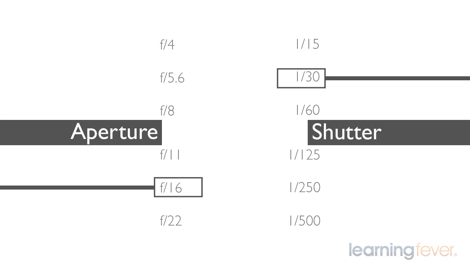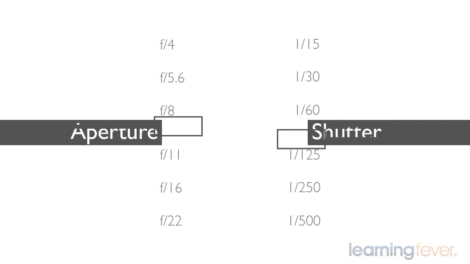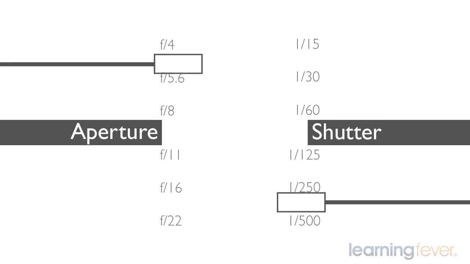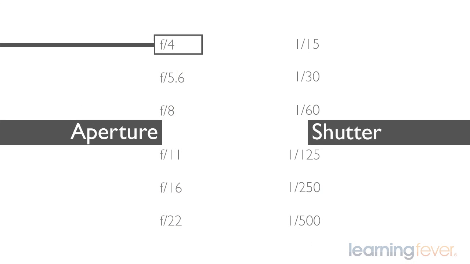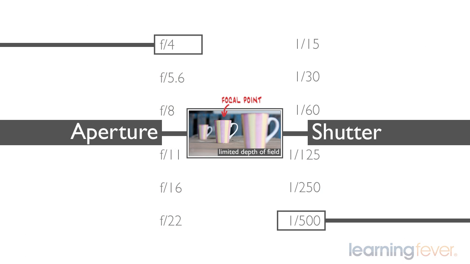This relationship works on a sliding scale, so if you were to take 6 photos of one object in the same lighting conditions, the first thing you would do is select your ISO to be appropriate. Next, you would start at, say, f4 and set the camera at 1/500th of a second. This would give you a limited depth of field, but if the object was moving quickly, you would get a frozen in time image.